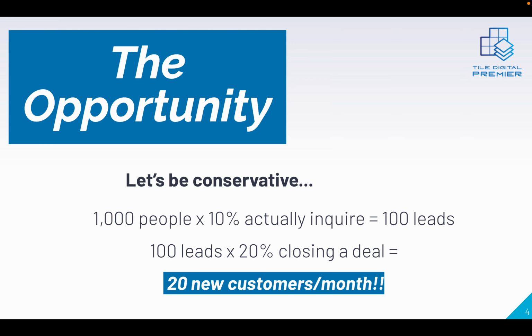When they click on your ad, that equates to 100 leads. Let's say your closing rate right now is 20%. I know some of you guys are really good salesmen. You can probably close as many as 80 to 90%. But right now I'm just being conservative and saying 20. So out of those 100 leads, closing 20%, you're going to get 20 new customers for that month.